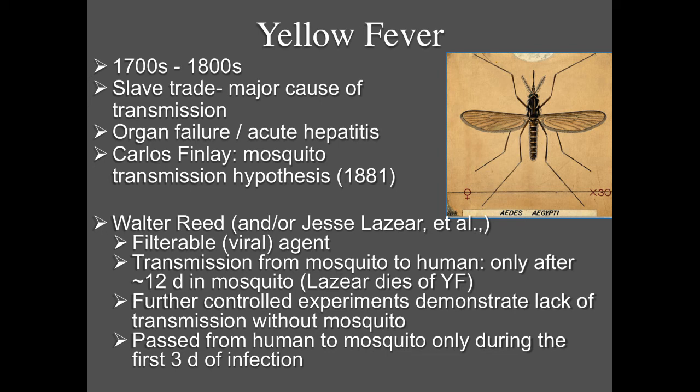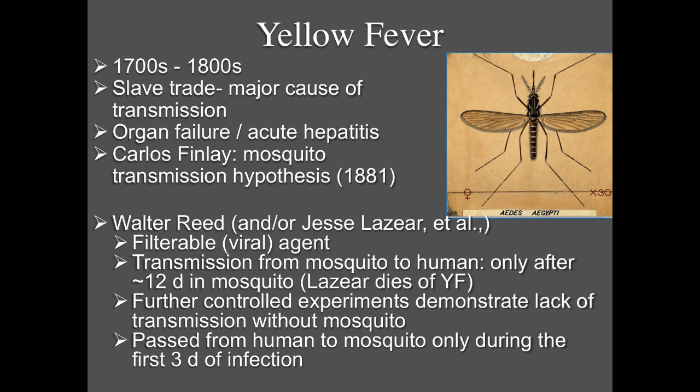But finally, this was proved fairly conclusively due to the work of Walter Reed and his colleague Jesse Lazear and others who, in the very early years of the 20th century, were able to identify that this was a viral agent.